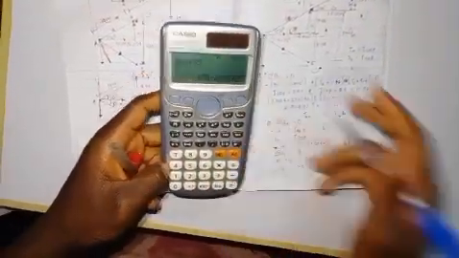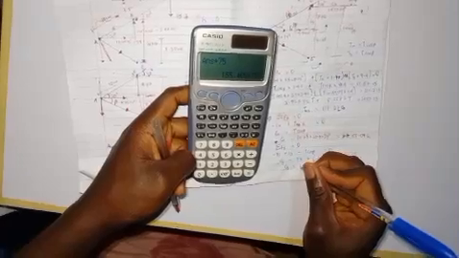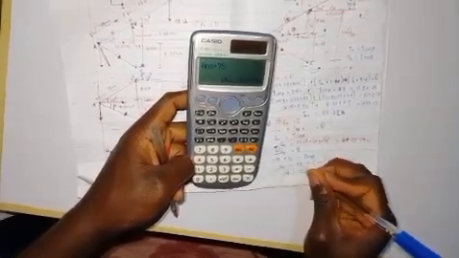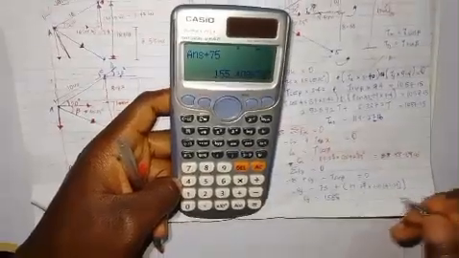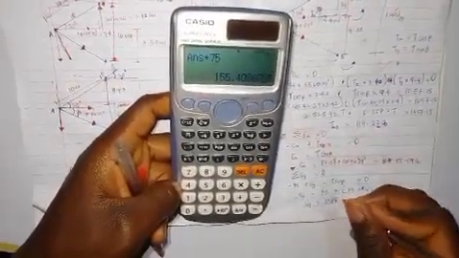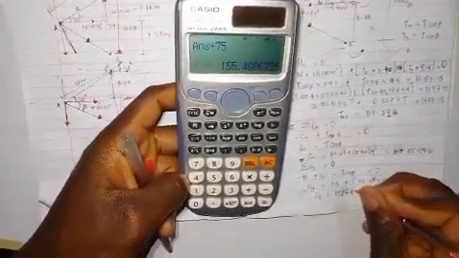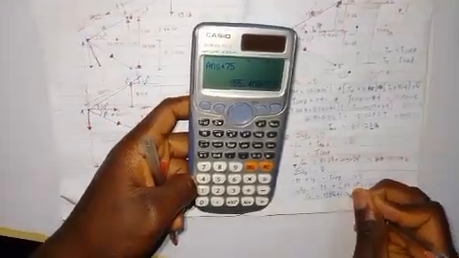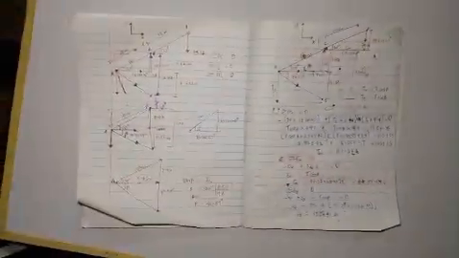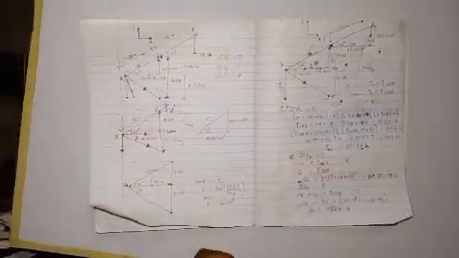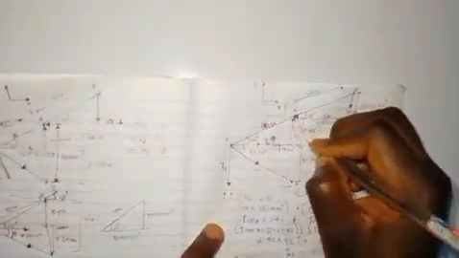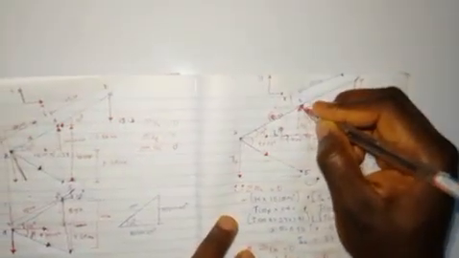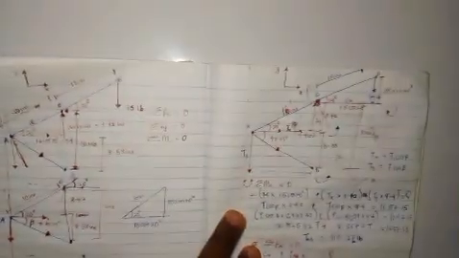That means we will be having 155.41 pounds. So for us to now get our reaction at C, don't forget, the reaction at C rather will be this.